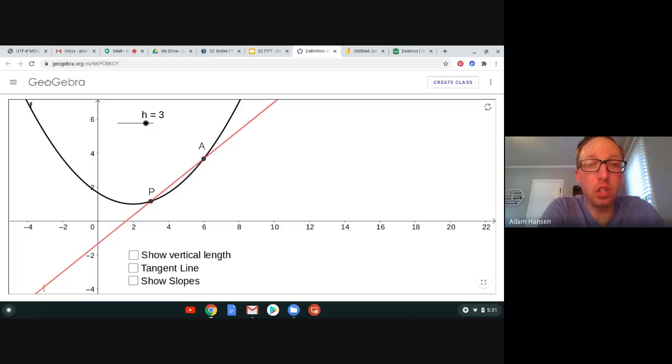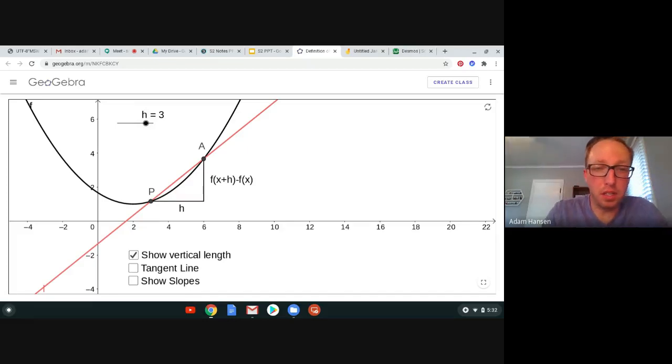What would the slope of that line be? Now, I don't want to find the actual slope in this case, at least not right now. I want to use expressions for that. So the vertical length and horizontal lengths are shown using this triangle.